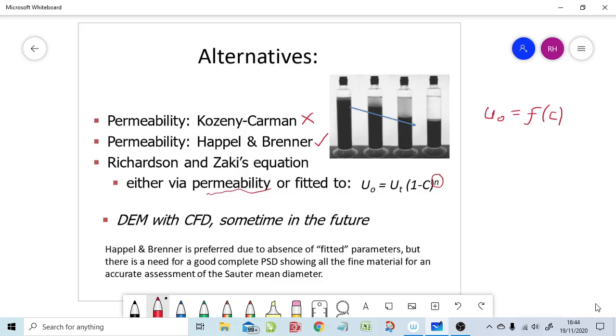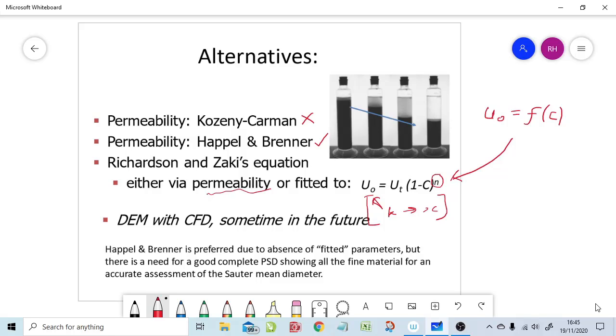You can either use it in the same sort of way, where this is then put into the force balance, which would give us a value of k, which we can then rearrange to give us a particle size, or alternatively you could just ditch that altogether, not bother with permeability, and just say here is our equation for u0 equals a function of concentration.